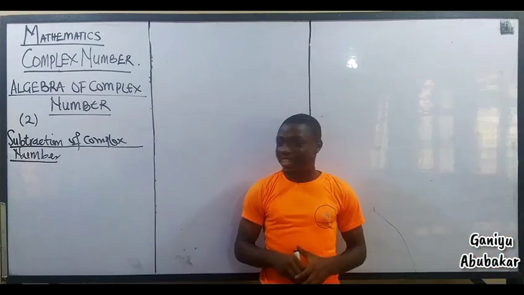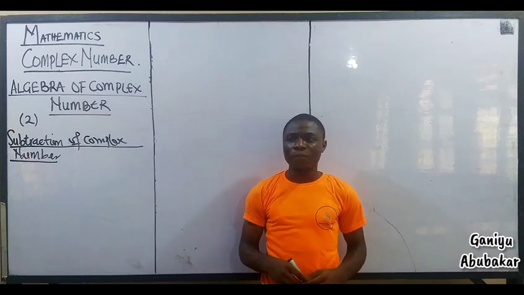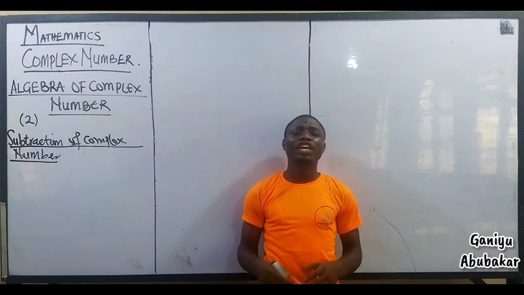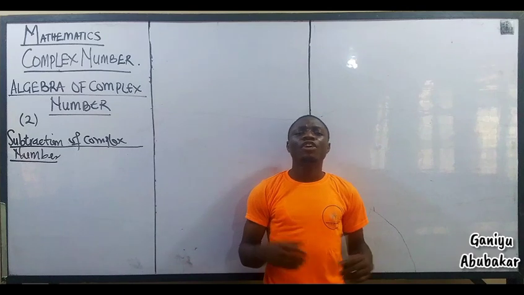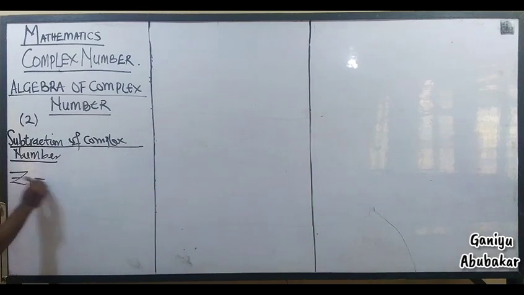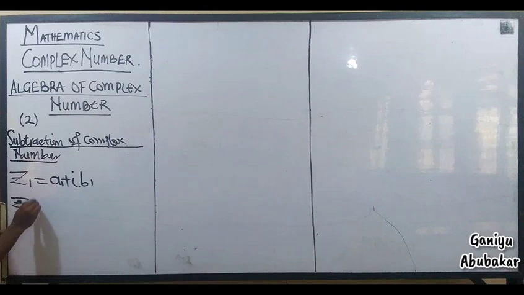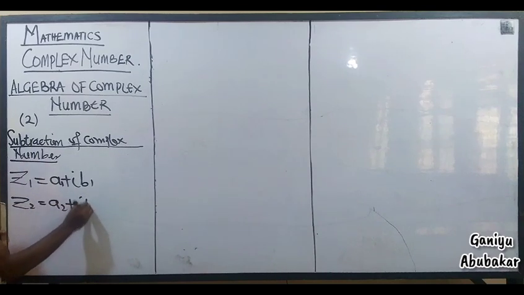Alright, let's discuss the subtraction of complex numbers. How do you subtract complex numbers? Given two complex numbers, z1 equal to a1 plus ib1, and z2 equal to a2 plus ib2, how do you subtract them?